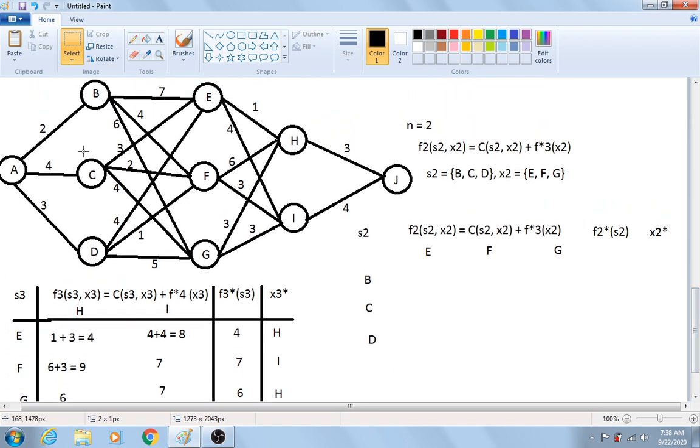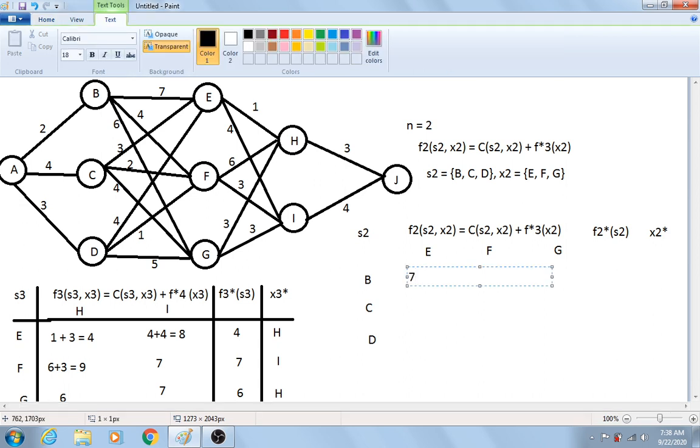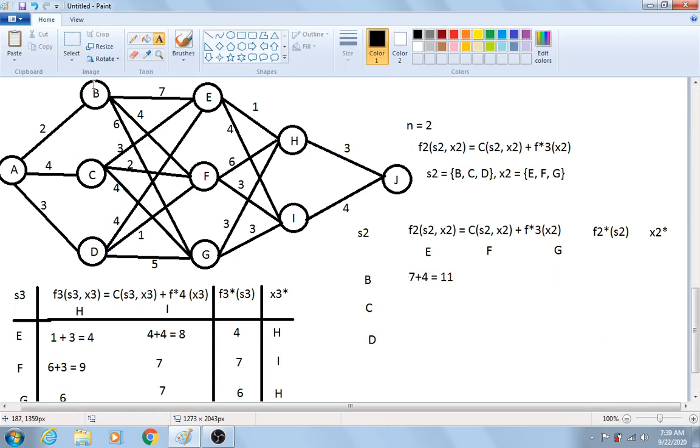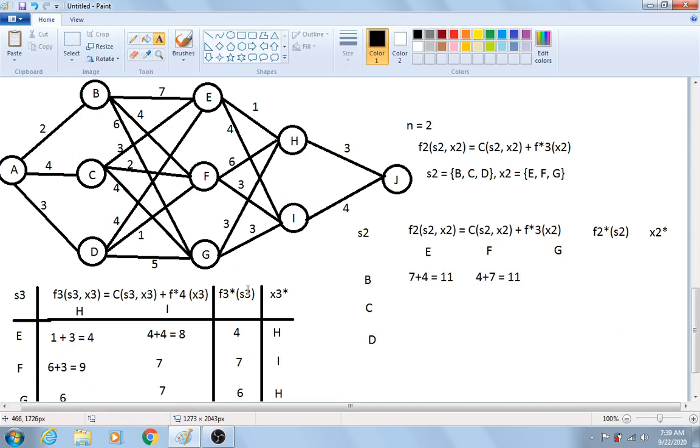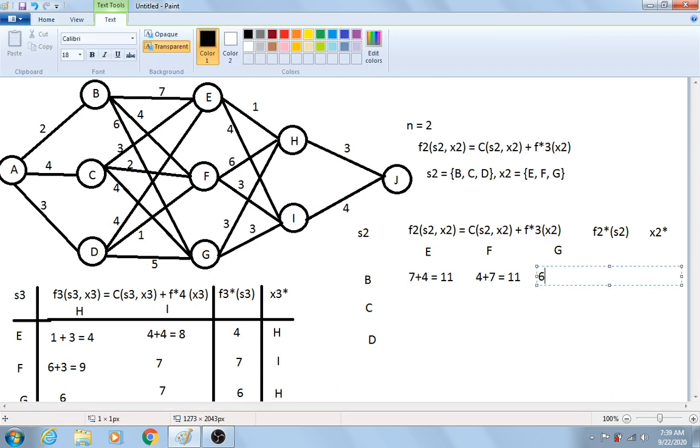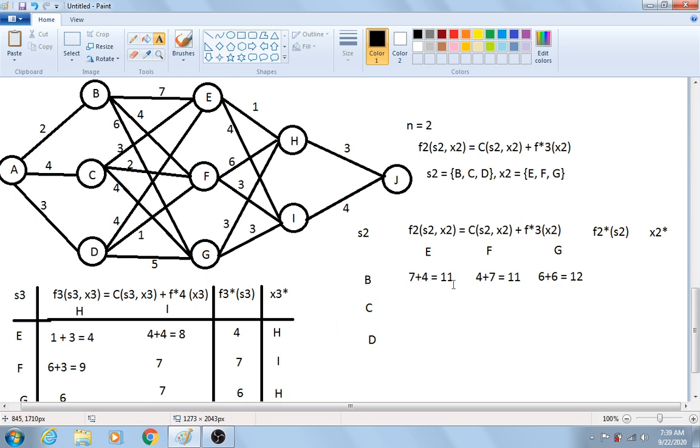So if I go from B to E, the cost is 7, plus, from the previous stage, what is the lowest cost for E? That is 4, and that will be 11, right? So from B to F, the cost is 4. 4 plus F, the lowest cost is 7. 4 plus 7, that will be 11 also. From B to G, that is 6. 6 plus this is G, that is 6 also, and that will be 12. What is the lowest cost? It is 11.